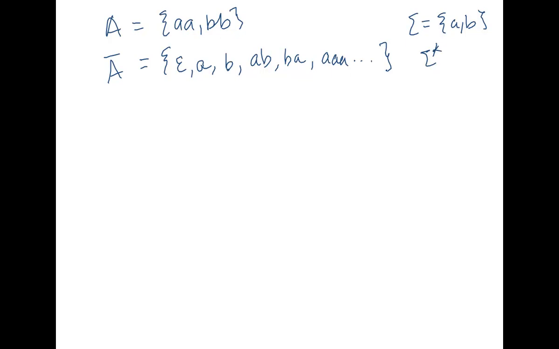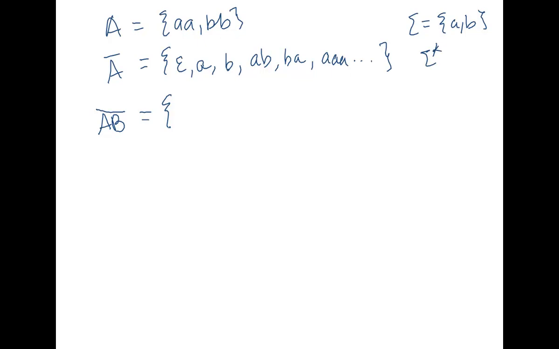Let's take the complement of AB. This formed a language, right? We had the concatenation of A and B. If I take the complement of the concatenation, it means anything that wasn't in that concatenation. Let's try to remember what was in B. It had 3 a's or 3 b's.